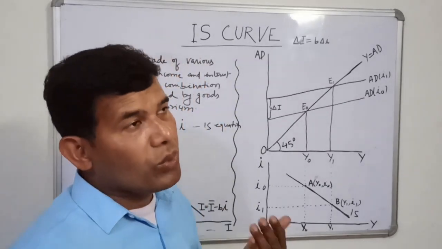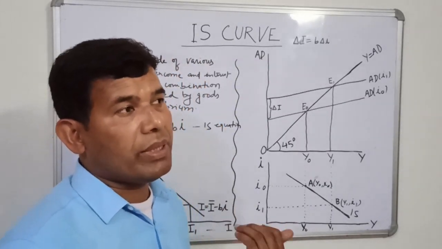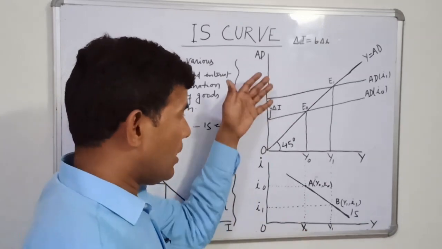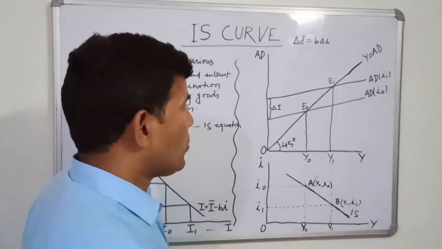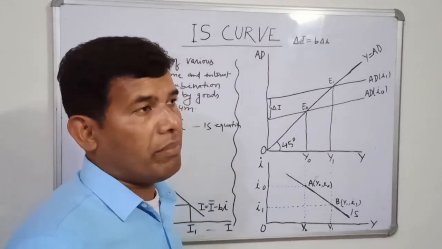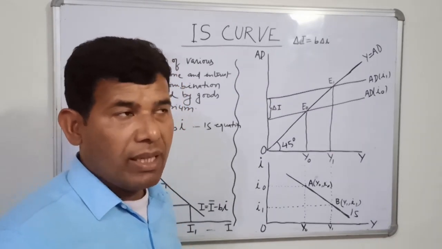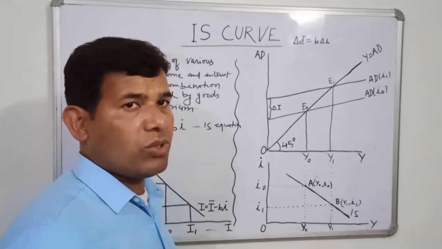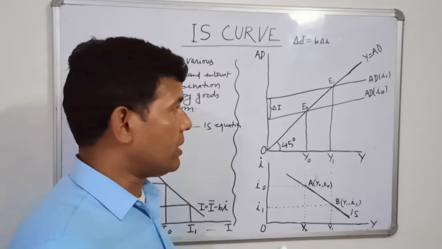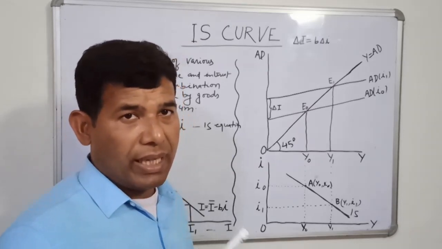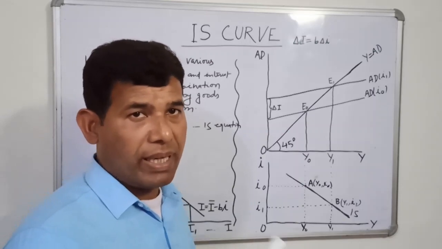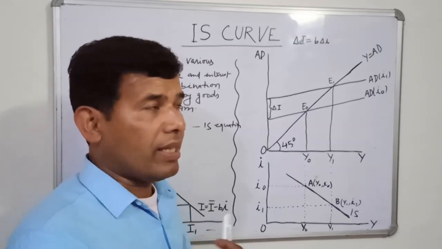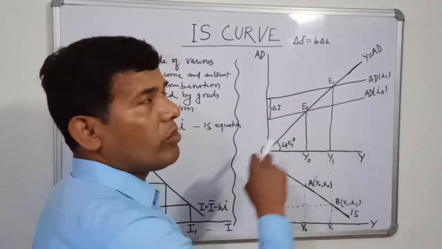Now, how do we show that condition of equilibrium in the goods market graphically? You must be familiar with Keynes' theory of income determination. When we deal with it and try to find the equilibrium level of income graphically, this is the diagram we draw.